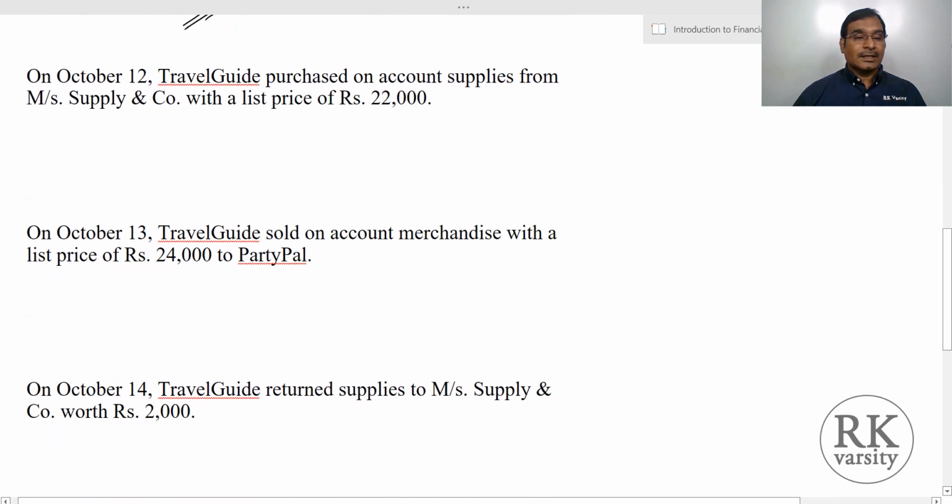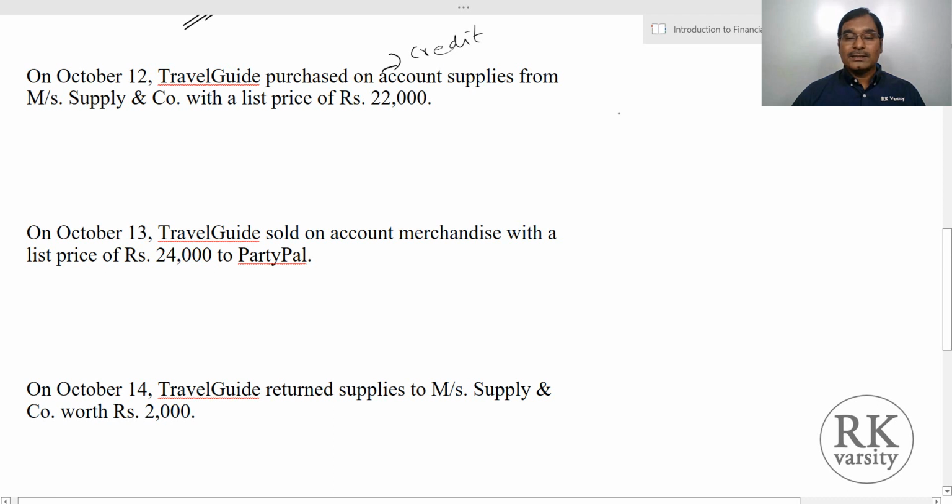The next, on October 12th, travel guide purchased on account. When you say on account, this is a credit. Supplies from Messrs. Supply and Co. with a list price of rupees 22,000. The price is 22,000. So here, what are the two accounts involved?